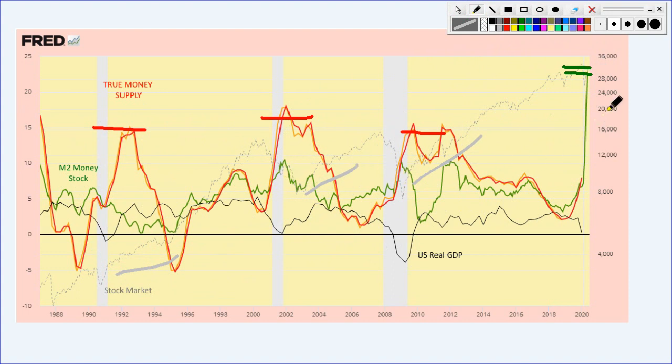So the question is, the Fed has got involved early. Now, if the Fed can hold the market to these levels, what happens here? Because all that money might find a home in stocks.